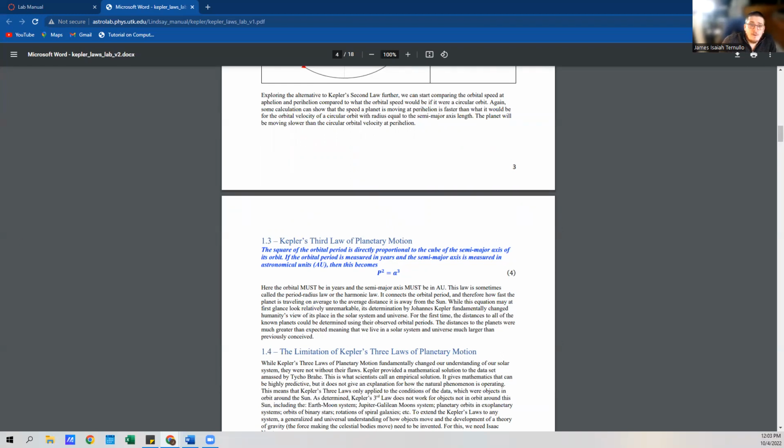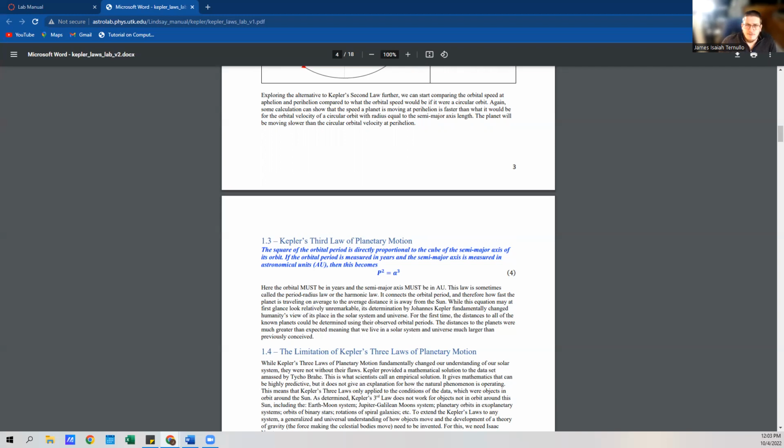The next thing that we want to talk about is actually the modification that Newton made to Kepler's 3 laws. But the first thing that we want to remind ourselves of are Newton's 3 laws of motion that he himself established before he modified Kepler's.